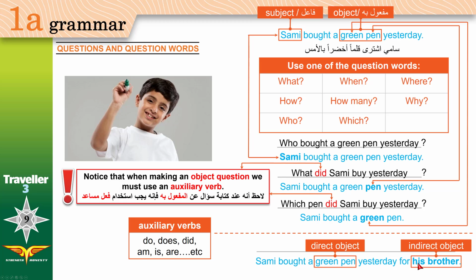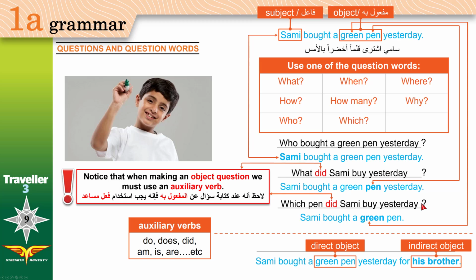If I wanted, I could put the indirect object before the direct object, and I will say Sammy bought his brother a green pen, without using for or to. Do you get it? Again, I can put the indirect object here and say Sammy bought his brother a green pen, without using for or to.